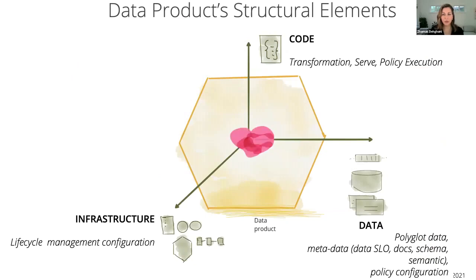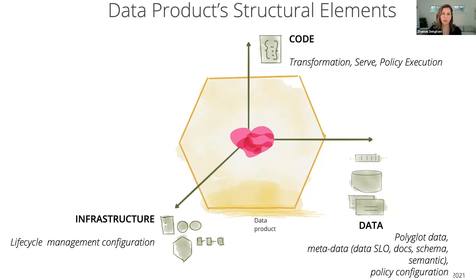So then this data product, what are those quantum, the structural elements? Definitely needs code in it, right? It needs code in it for the transformation. It needs code in it for serving the data. It needs code in it for embedding the policies, right? Who can access this data product? What sort of anonymization do we need? What sort of encryption do we need? And a ton of other transformations that make sense to analytical use cases and not so much to, let's say, microservices APIs.